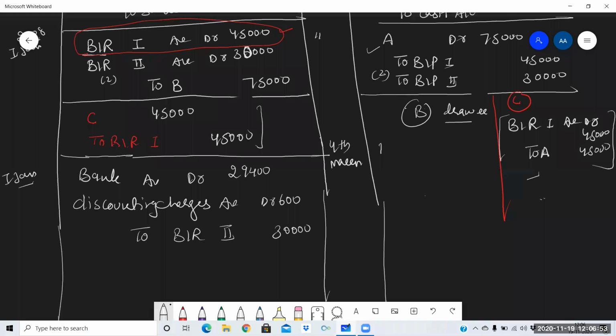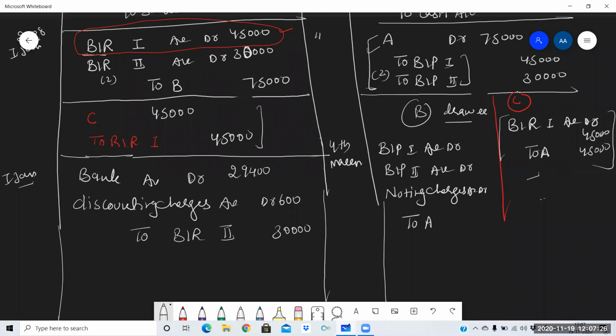This entry will be reversed at the time of dishonor. BP1 account debit, BP2 account debit, and if there are any noting charges, then noting charges account debit to A. So basically the second entry is reversed in the books of the drawee along with the noting charges.